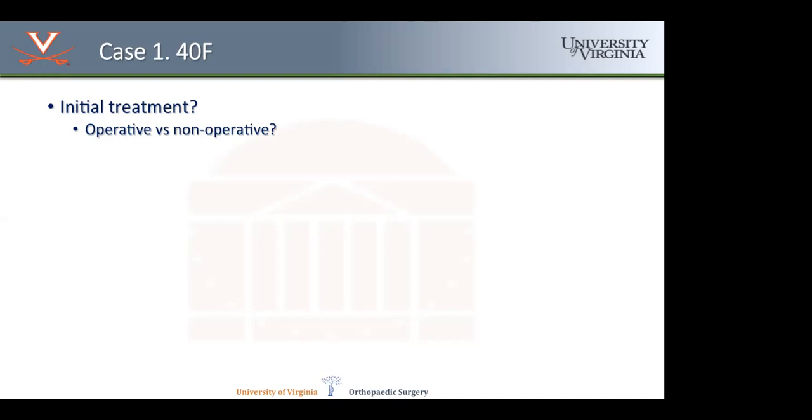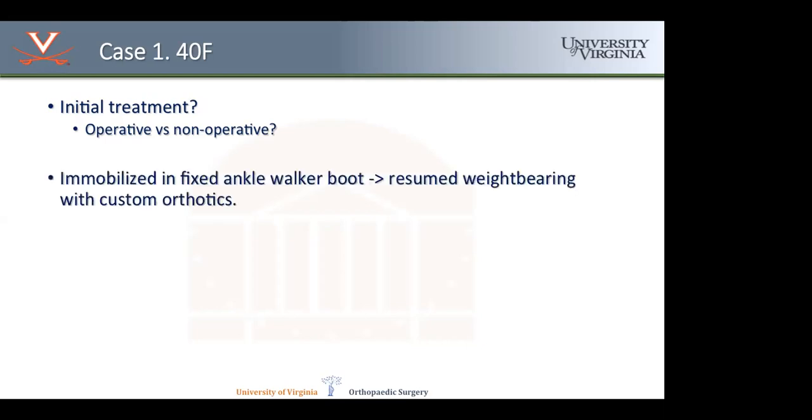Okay? So looking at operative versus non-operative management here, we always like to let patients know their options. It's kind of easy sometimes to focus on the surgeries we know how to do, but that's not always the best first option. So she was immobilized in a fixed ankle walker, and then gradually resumed weight bearing with some custom orthotics like Dr. Perumal talked about, with some medial heel posting there to help correct that hindfoot valgus.